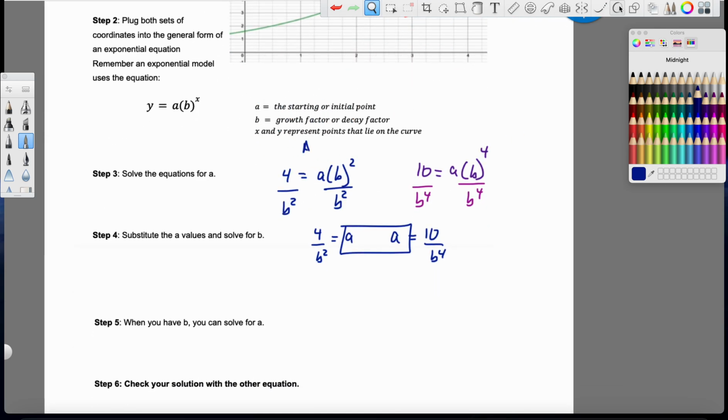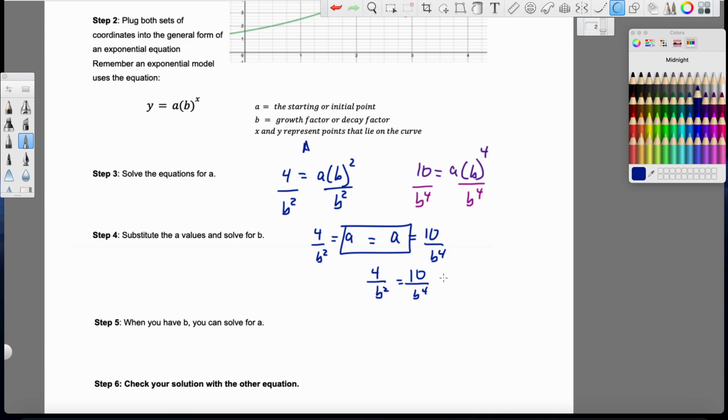These two a's are the same because we're looking for the same equation, right? So we can just say these a's and b's are the same. If these are the same, I can just write 4 over b squared equals 10 over b to the fourth. And so we need to get b by itself.